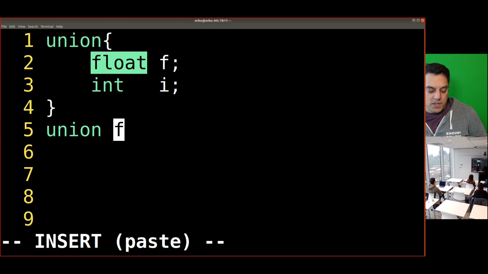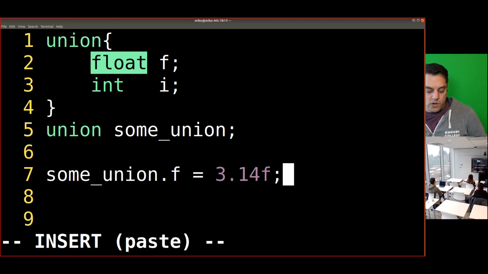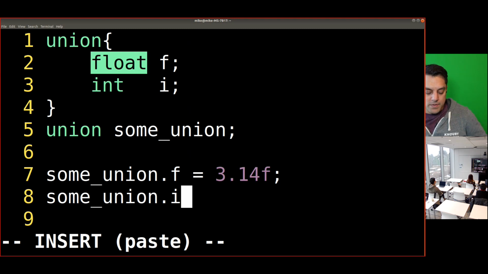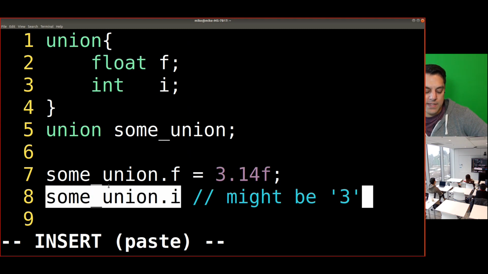So I could do some_union.f equals 3.14, something like that. But if I access it as some_union.i, this might be 3, for example, even though I haven't set i in this particular instance.